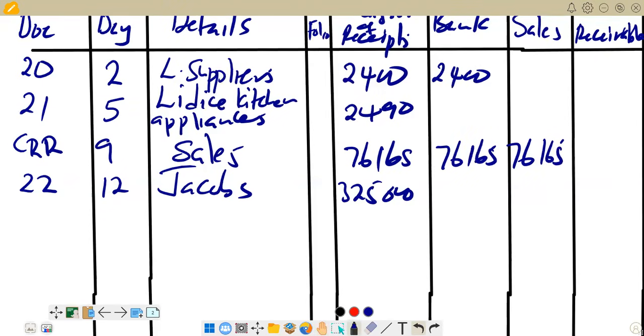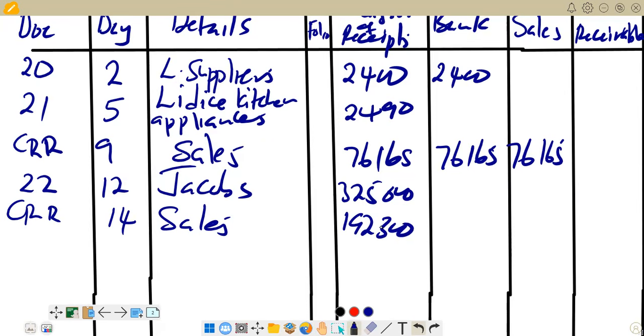Remember, this is the cash register row, so we have CRR there for cash register row as the document number. Then on the day, we have day 14. And we know that these are sales, and the amount is 192,300. And this one, obviously, is passing through the bank again, and they are sales. So this is the entry that we have there. So we can go to the next.